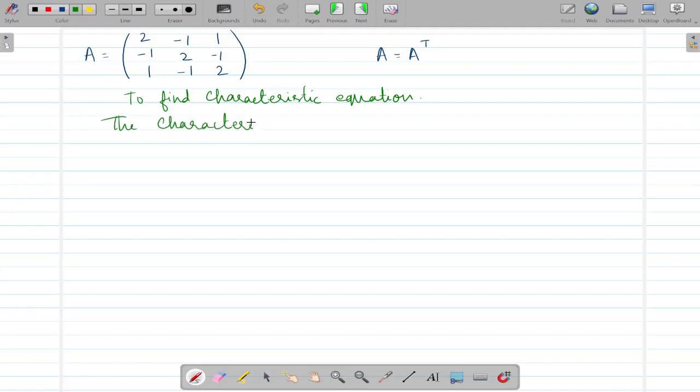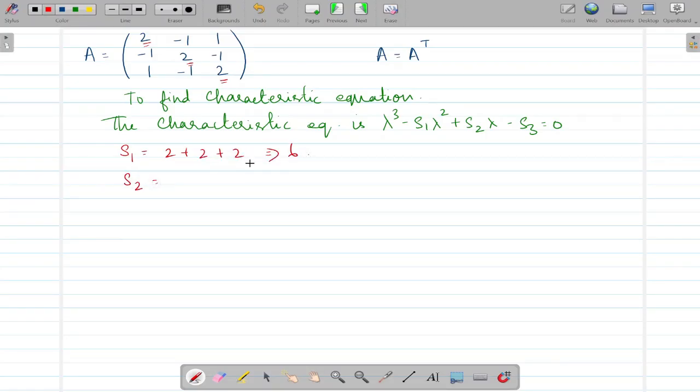For a 3 by 3 matrix, the characteristic equation can be written as lambda cubed minus S1 lambda squared plus S2 lambda minus S3 equals 0. Here S1 is the sum of the diagonal elements in matrix A. The diagonal elements are 2, 2, 2, so S1 is 6.